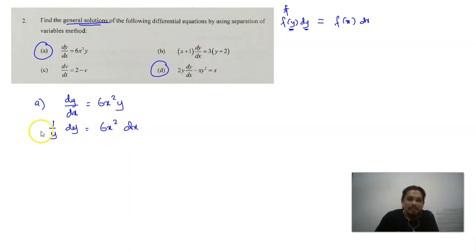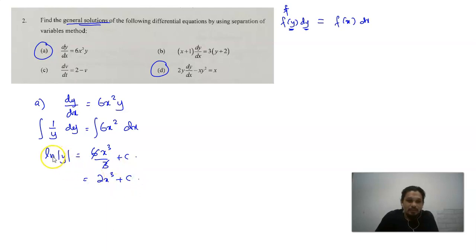So now it's time for us to integrate left and right. Integral of 1 over y is natural log of y, equal to 6 times the integral of x squared, which comes up with x cubed divided by 3, plus c. So 6 divided by 3 equals 2x cubed plus c.